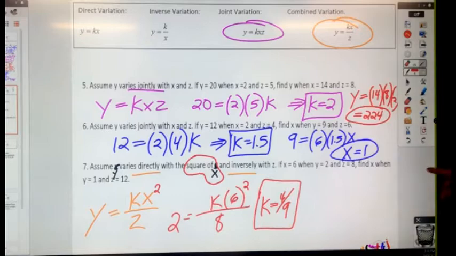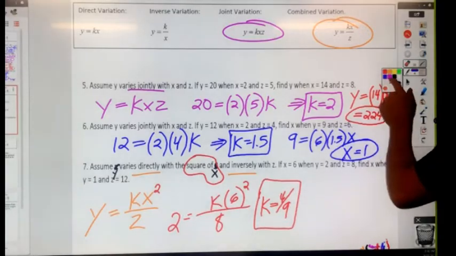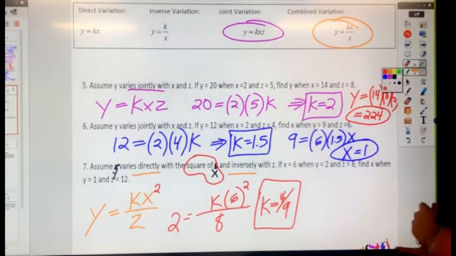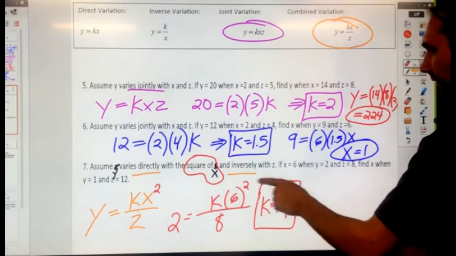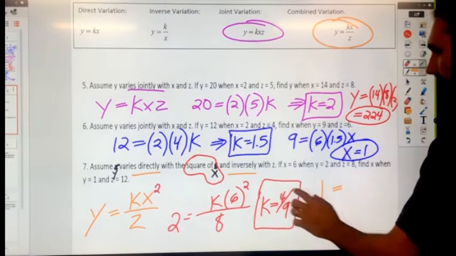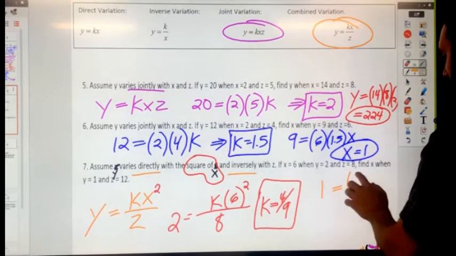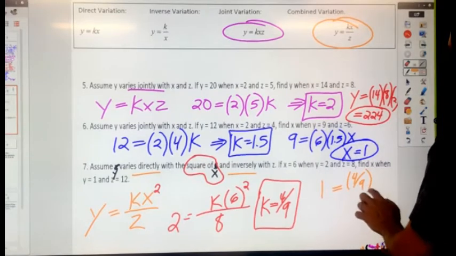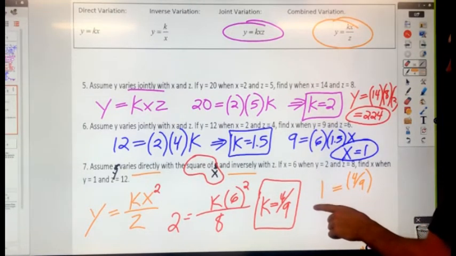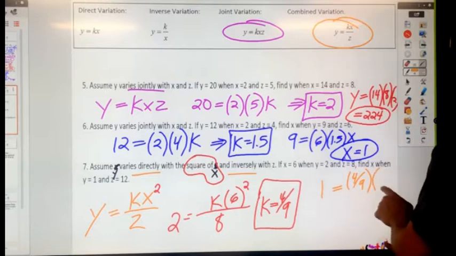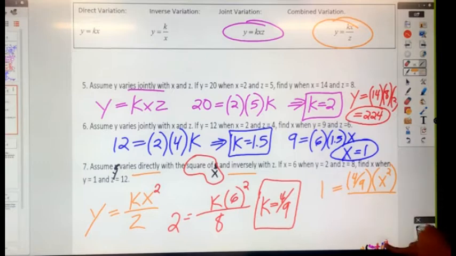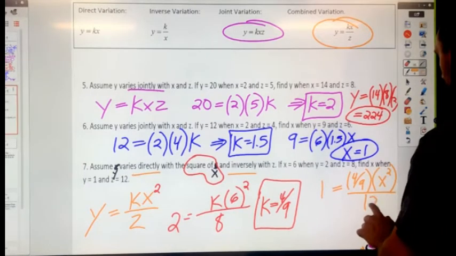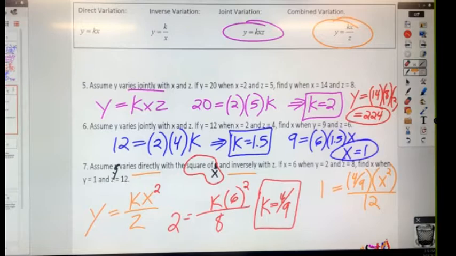Now I can find x when y is 1 and z is 12. So y is 1, so 1 equals k, which I know now is 4/9, times x squared, over z, which is 12.